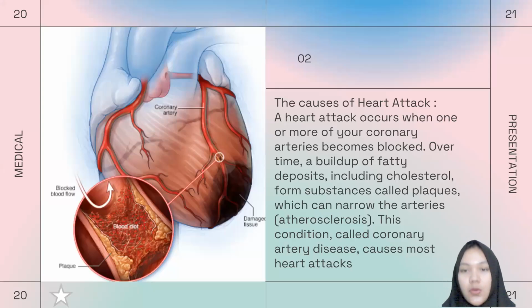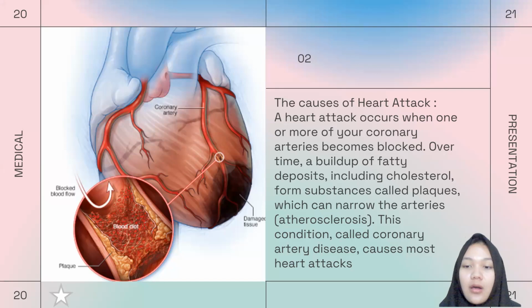And then the causes of heart attack. A heart attack occurs when one or more of your coronary arteries, which are the arteries that supply our heart, becomes blocked. Over time, a buildup of fatty deposits, including cholesterol, form a substance called plaque, which can narrow the arteries, and it's called atherosclerosis.